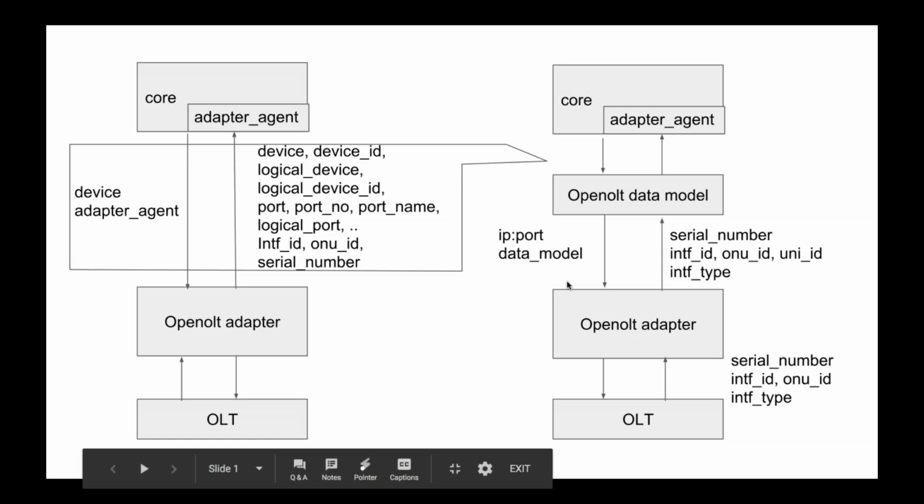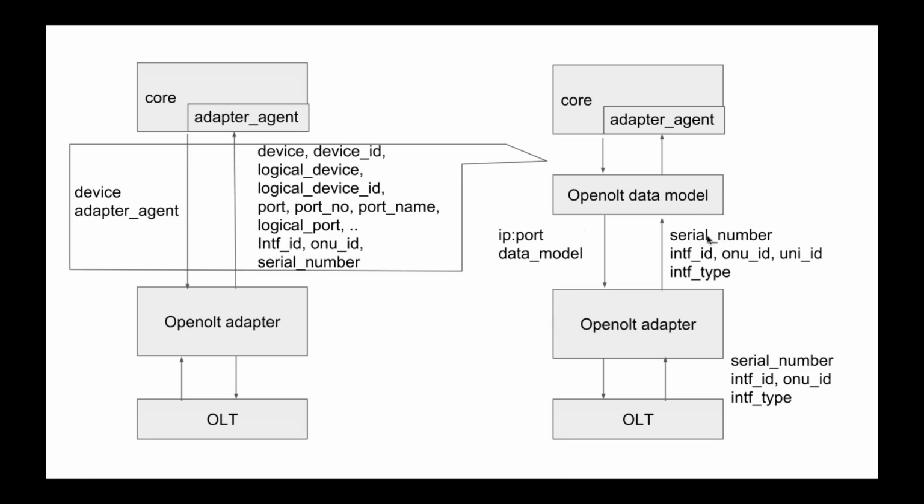So if we have this core piece that we can reuse across 1.x and 2.0, and keep the interaction with the core in 1.x and 2.0 restricted to this OpenOLT data model, where we have a data model version for 1.x and another for 2.0. Also, because of the way logical devices are now handled in the new core, we can't interact with them directly. So with the modified version of this model, now we've got one place to go to either remove logical device interactions or rewrite them so that they make sense with the new core.